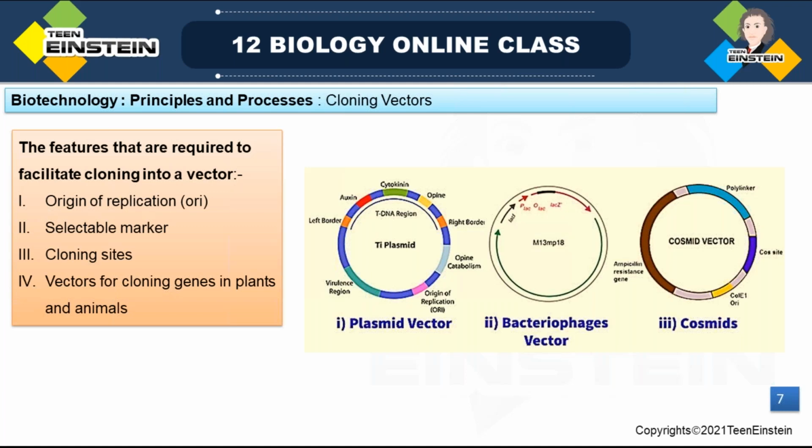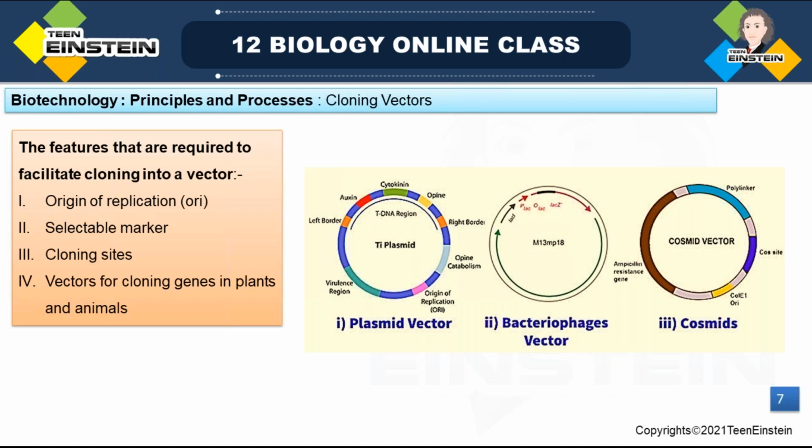So a vector should possess many qualities, and we need to study all these points in detail: the importance of origin of replication, selectable marker, cloning site, and vectors for cloning genes in plants and animals. In that, what is the role of selectable markers?